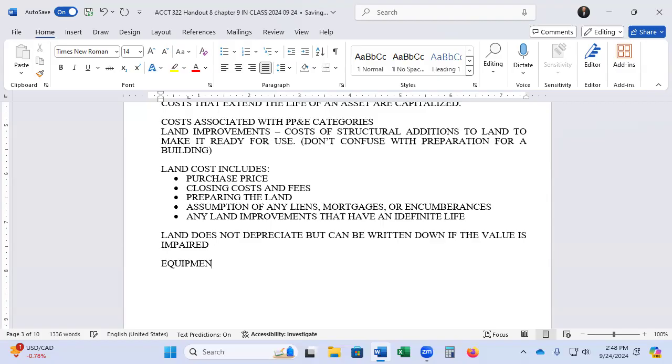Equipment cost: purchase price, assembly, installation, and training.